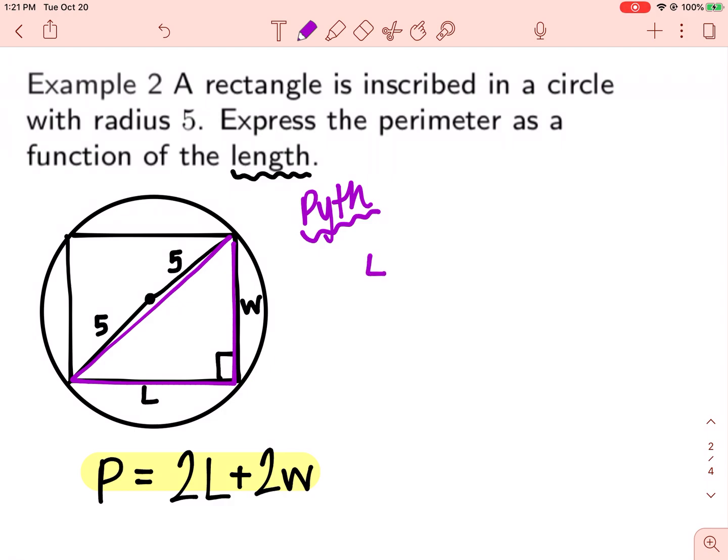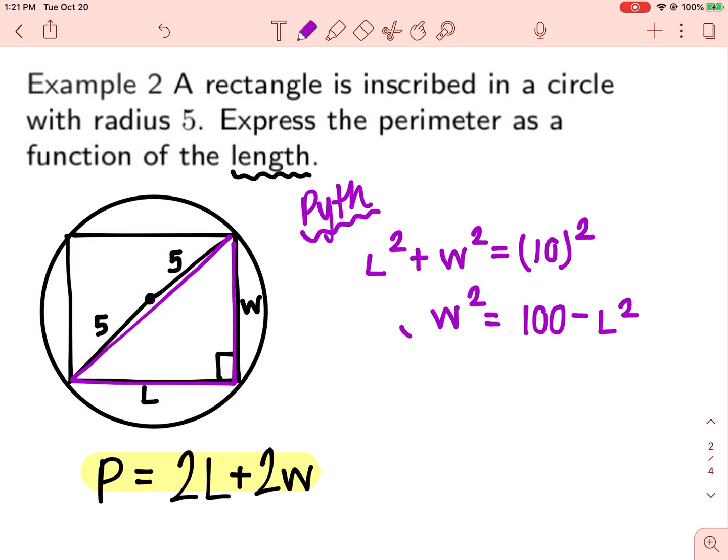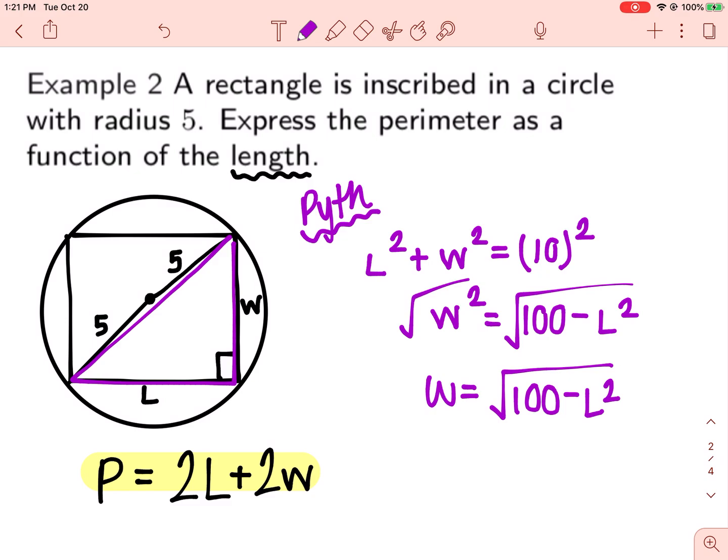Okay, it will be L squared plus the width squared is going to equal that hypotenuse, the side across from the 90, and that is 10 squared. I'm going to solve for W because that's what I want by itself, so I can plug into what I want. So I'm going to get 100 minus L squared, square root of both sides, so W is going to equal square root of 100 minus L squared.